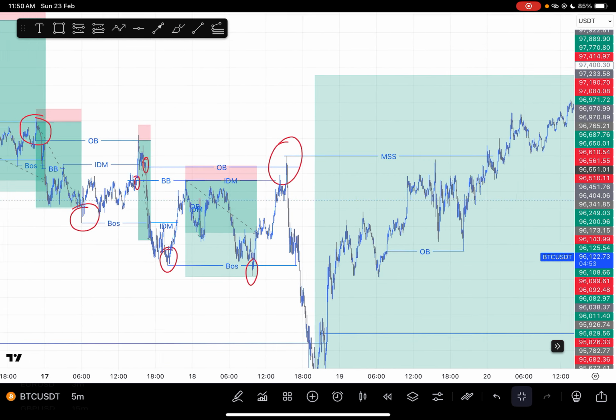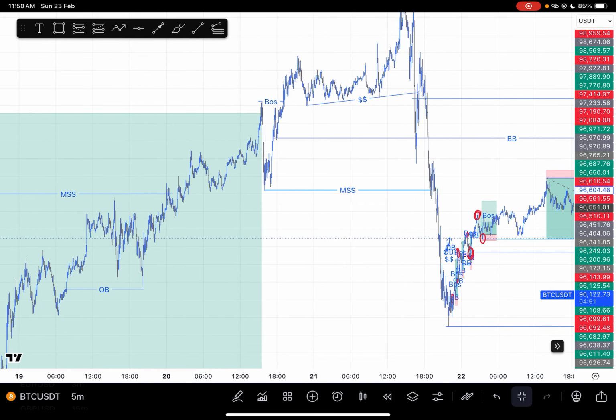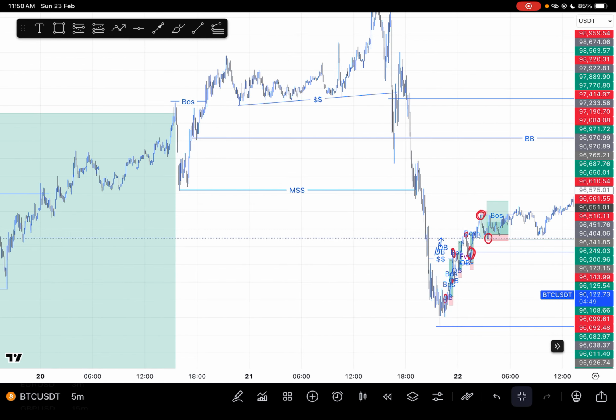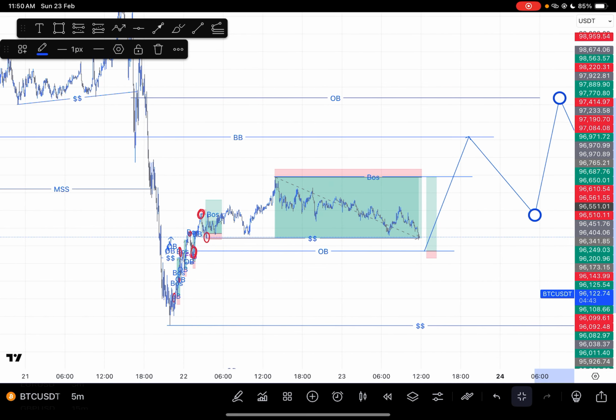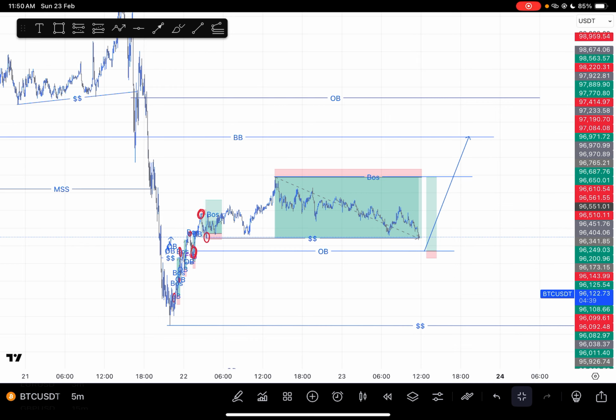After that, you see price has been creating multiple breaks of structure until it created a market structure shift. That's how you can get this kind of setup on any pair, most especially dollar pairs like EURUSD, GBPUSD, and so on.